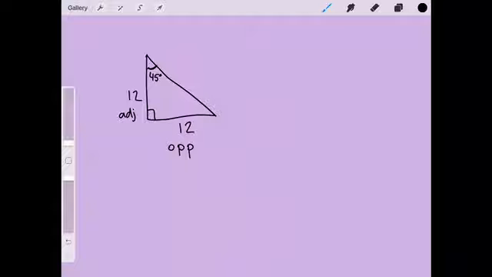And now which trig function uses opposite and adjacent, O and A, in their formula? Tangent does. Tangent is equal to opposite over adjacent.